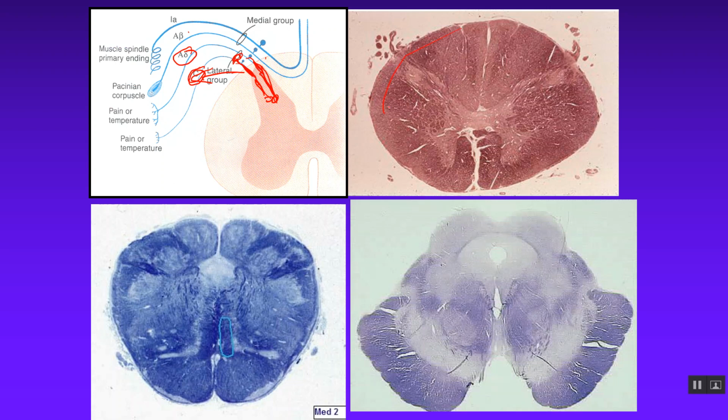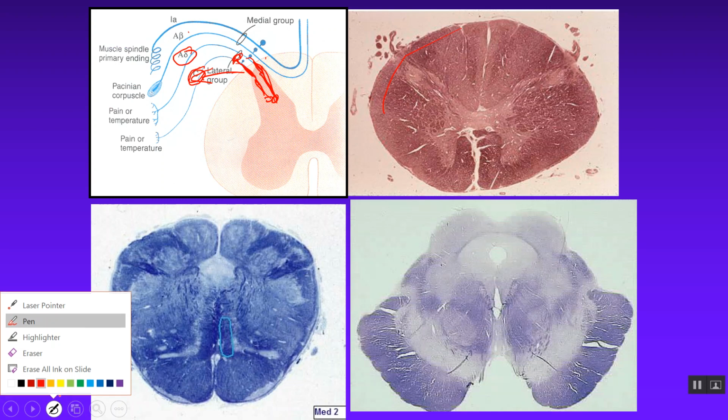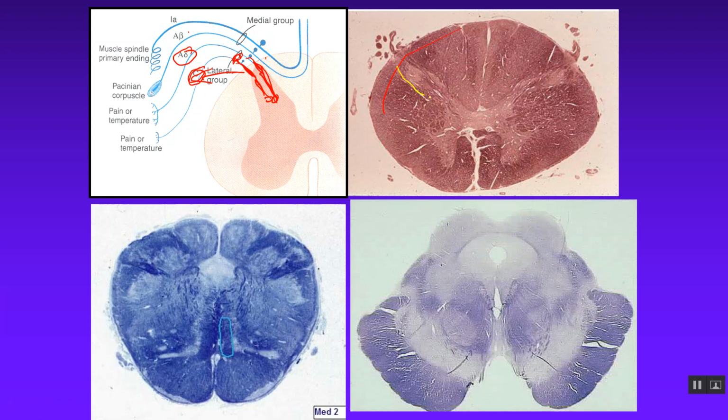This is just a cross-section through a spinal cord. Here's your dorsal horn on each side. That's gray matter. It looks lighter here because of the way they stain the spinal cord. It's opposite. This whole thing right here is called your posterior funiculus of your spinal cord, which, if you look closely, we can divide into these 4 areas.